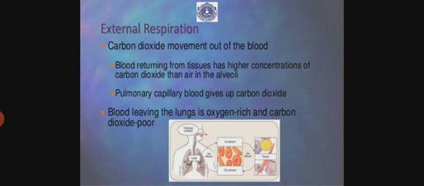Next is the continuation of external respiration. The carbon dioxide movement out of the blood is also said to be external respiration, and the blood returning from the tissues has a higher concentration of carbon dioxide than the air in the alveoli. It is quite obvious because once the cells utilize the oxygen, they produce carbon dioxide as a waste byproduct, and that carbon dioxide should be exhaled from the body, and it returns to the blood.